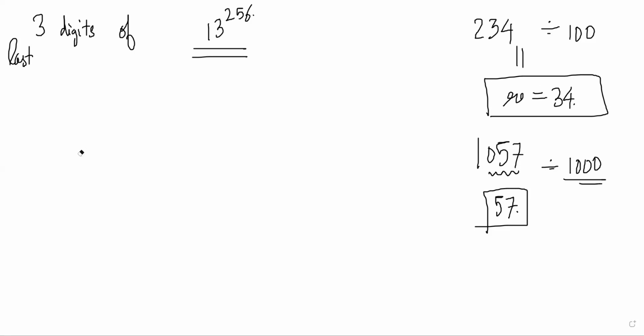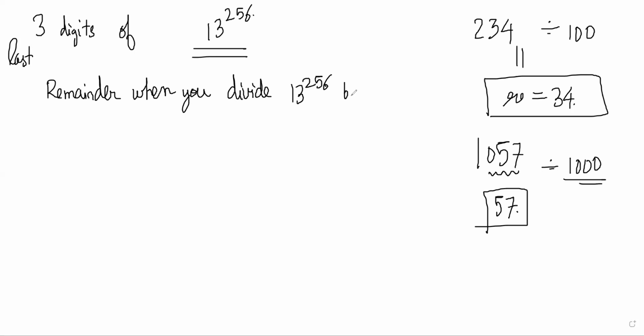Technically what they are asking is the remainder when you divide 13 power 256 by 1000, right? Okay, so now we have to somehow get the remainder when we divide it by 1000.